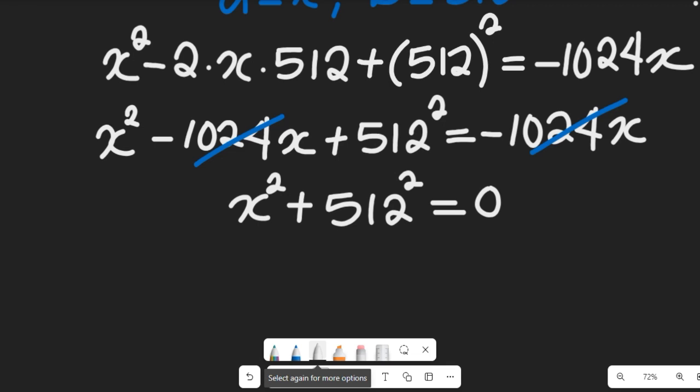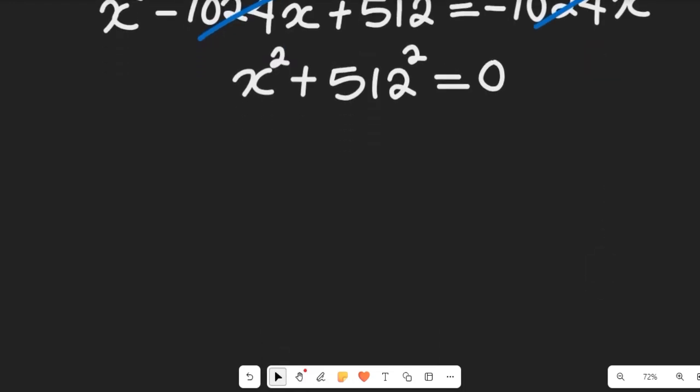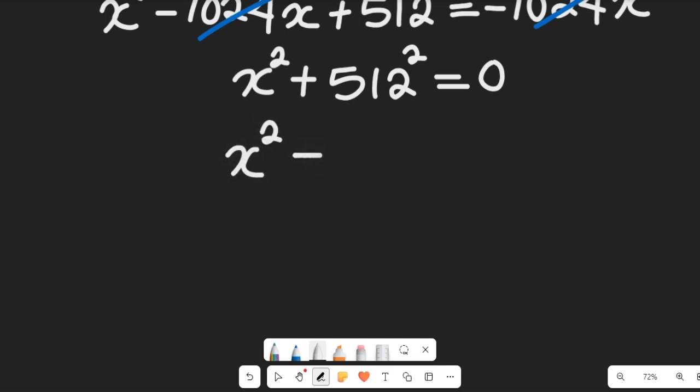Great. So if we have that, we can now simplify. We can use more of algebraic expression, but then let's look at how we can simplify this. We'll have x squared. Taking this over, we'll have negative 512, all squared.